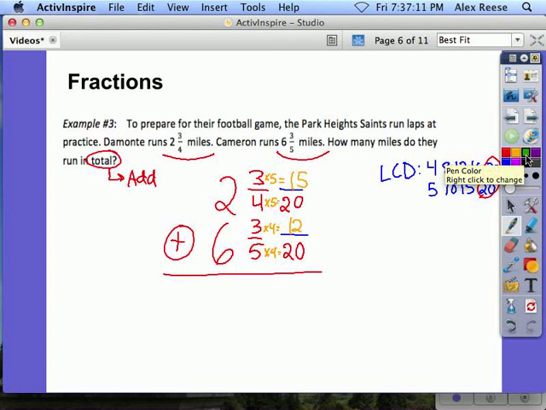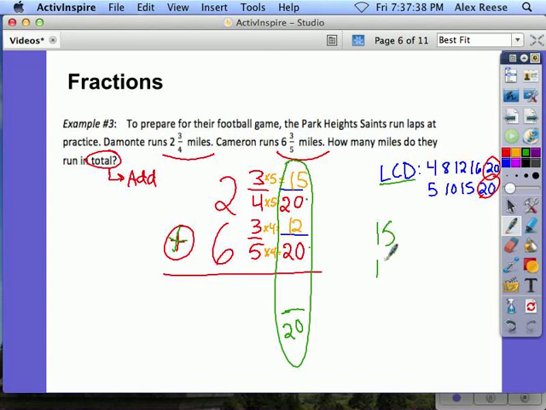Welcome back, Kipsters. As you can see, I've gone ahead and included the LCD and rewritten my mixed numbers using the same language. I can stop and stretch my circle because my two fractions are speaking the same language. I know my dumb denominator 20 stays the same, and I add 15 plus 12. I can do this quickly off to the side, and I know that 5 plus 2 is 7, 1 plus 1 is 2.